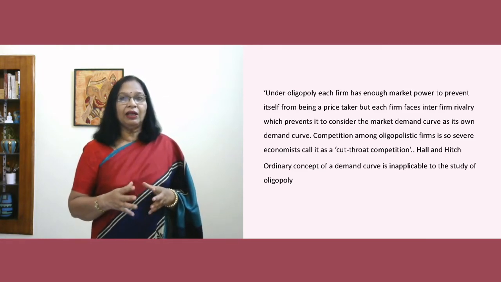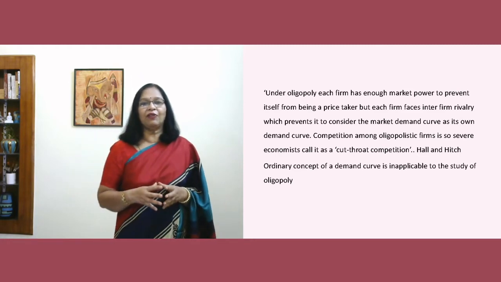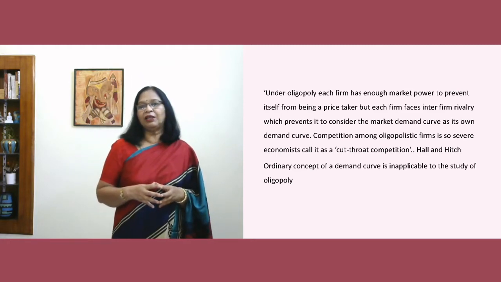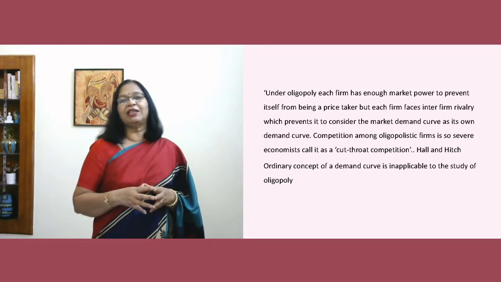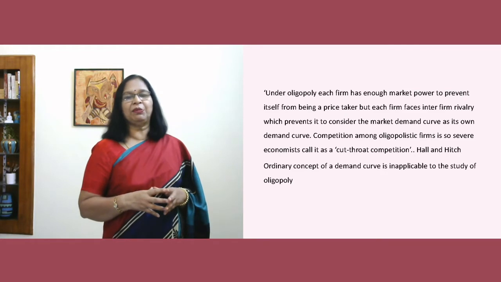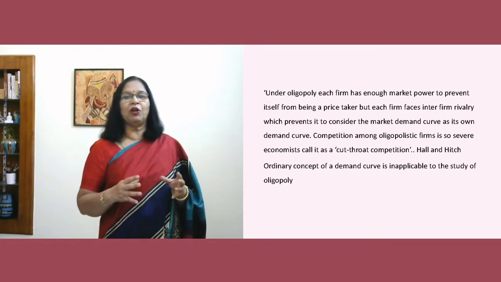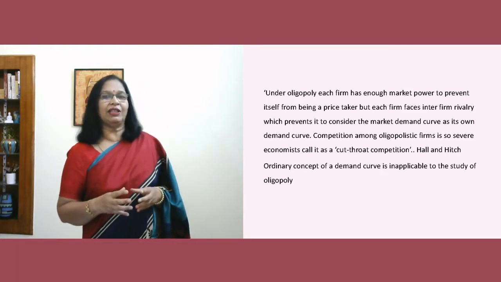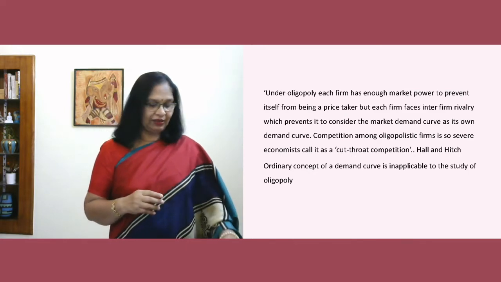So Hall and Hitch questioned the demand curve that we use in conventional analysis, and say that this conventional demand curve is not applicable in the case of oligopoly because of the rivalry that firms face with each other.